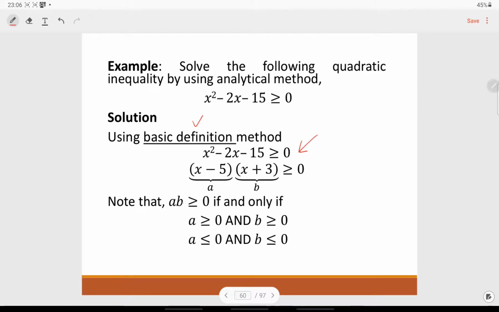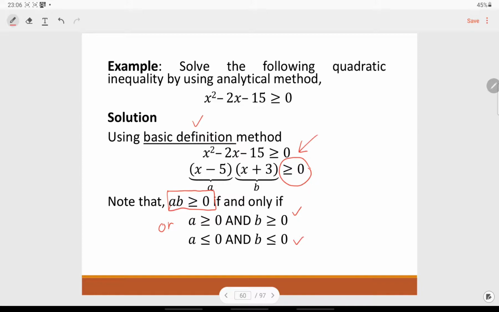So a times b greater than or equal to 0 is possible if and only if both a and b are greater than or equal to 0, or both a and b are less than or equal to 0.